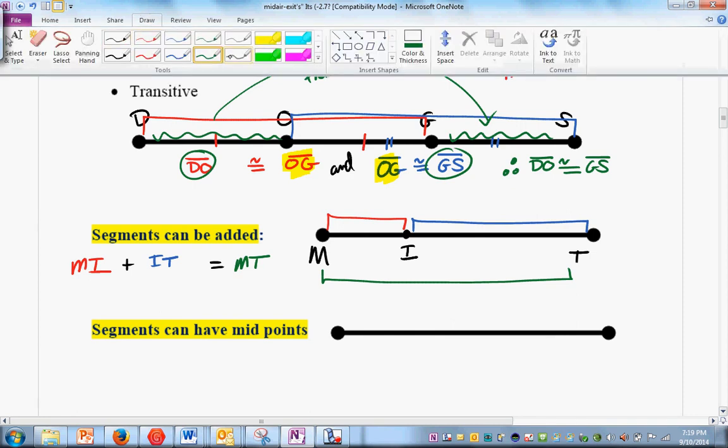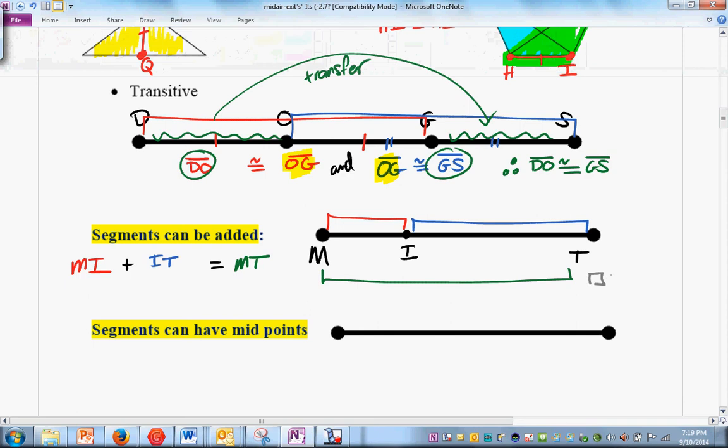If you were to use this in an equation, we'd end up with something like this. Something plus something equals a larger something.